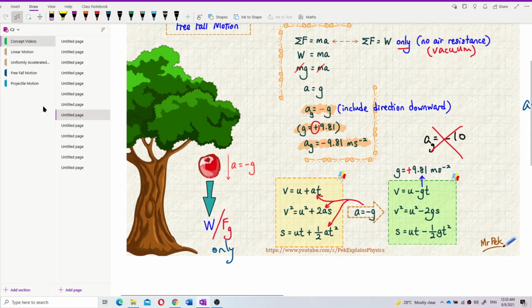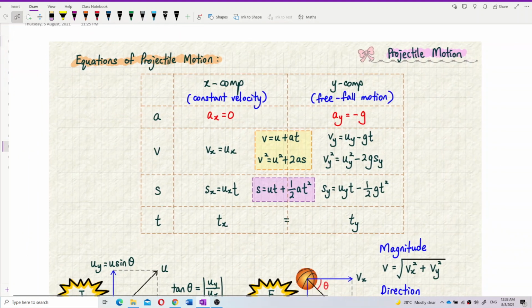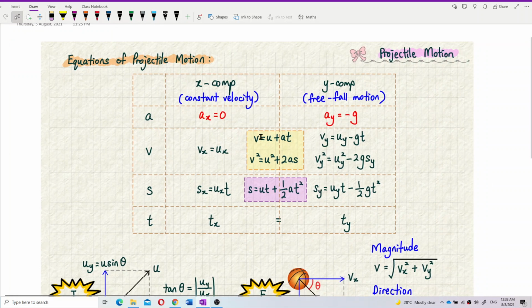For projectile motion, we also use the same formulas: v equal to u plus at, v squared equal to u squared plus 2as, s equal to ut plus half at squared. These are the kinematics formulas. So there is nothing extra you have to learn about projectile motion.